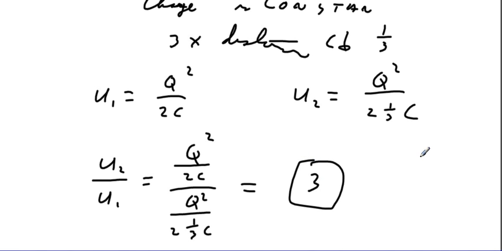So if I keep the same charge and I separate the plates by a factor of 3, then the energy being stored goes up by a factor of 3. All right, now, how much work was done?